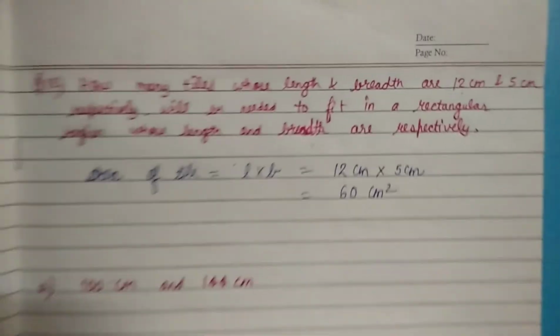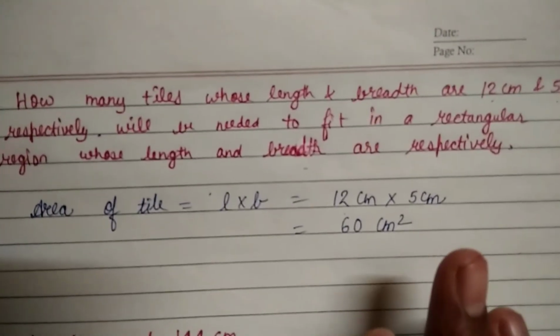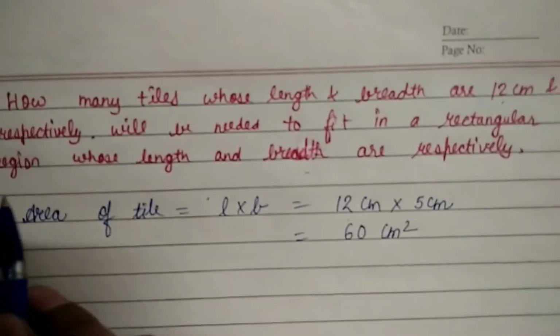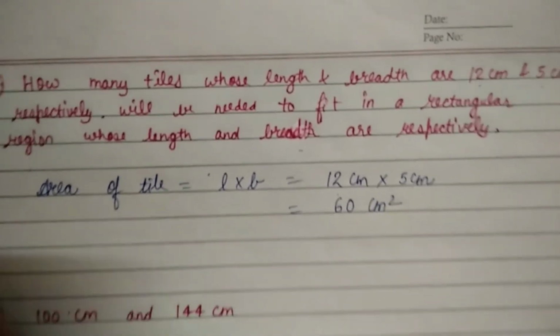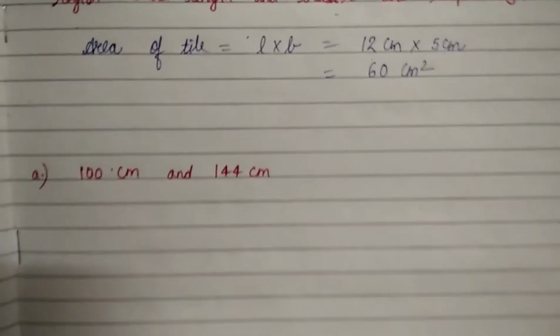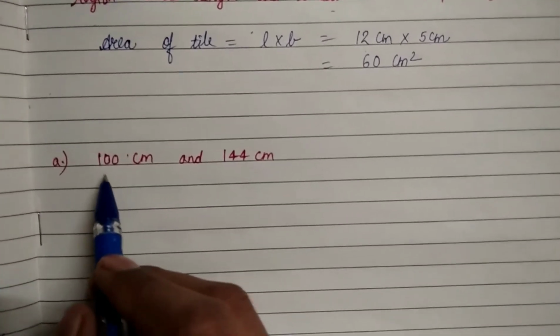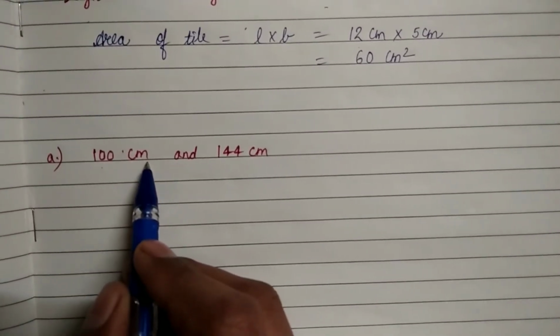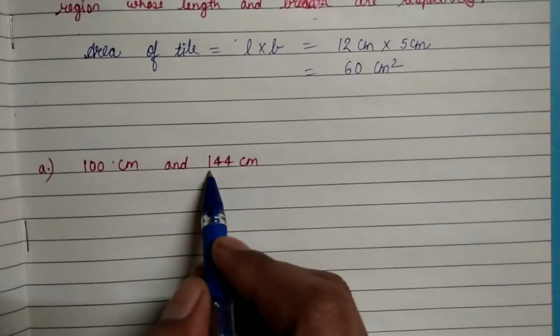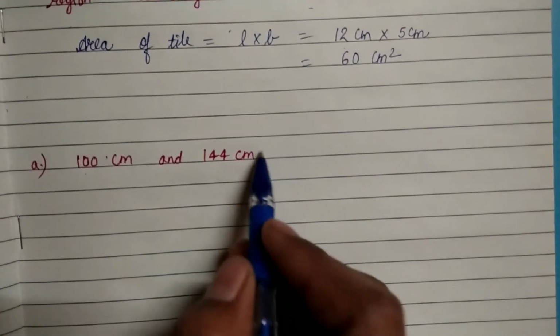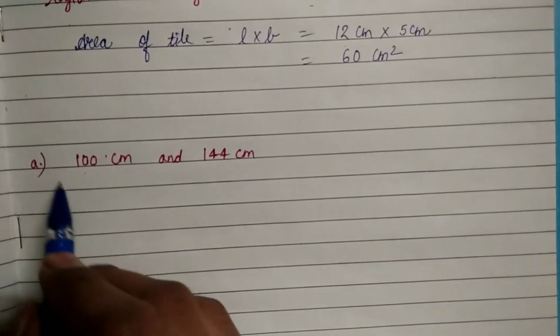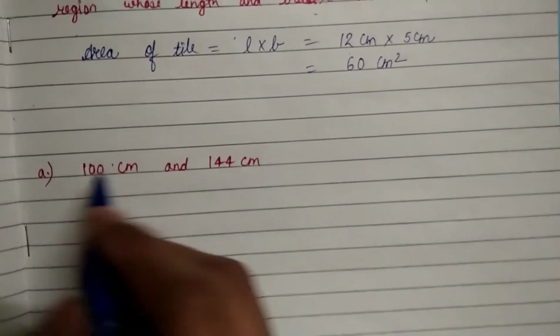Okay. Now part A gives us the rectangular region's length and breadth. The first region has length 100 centimeter and breadth 144 centimeter. These are the measures of the rectangular region.